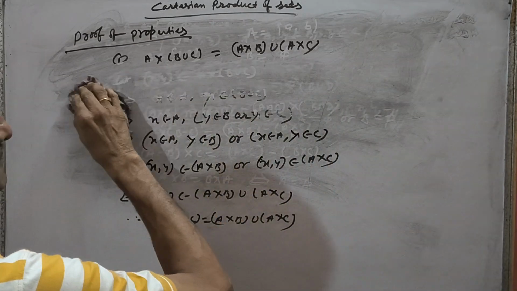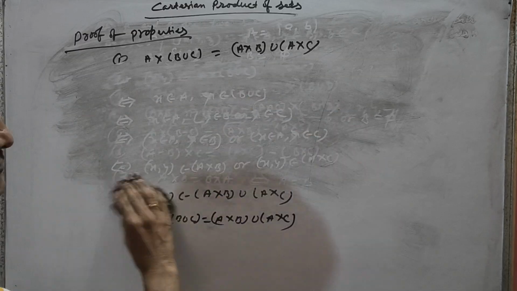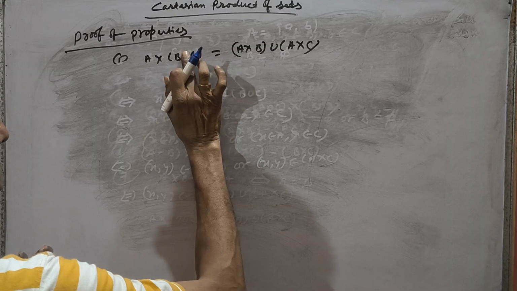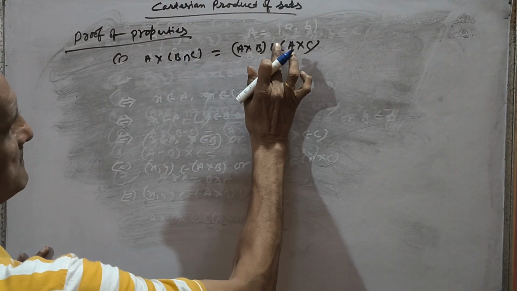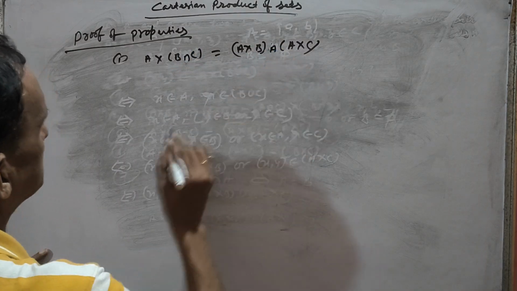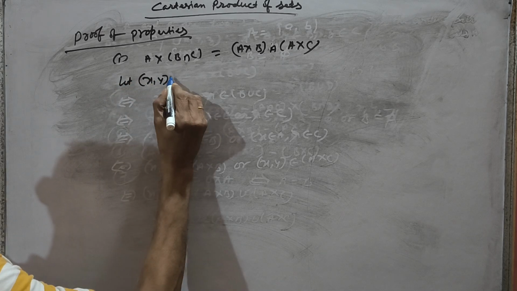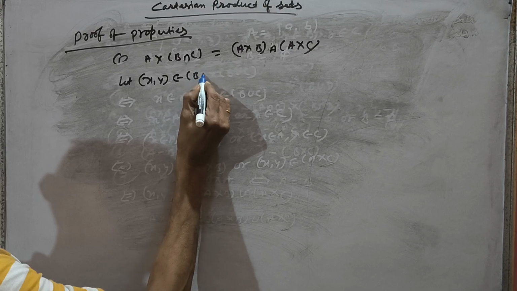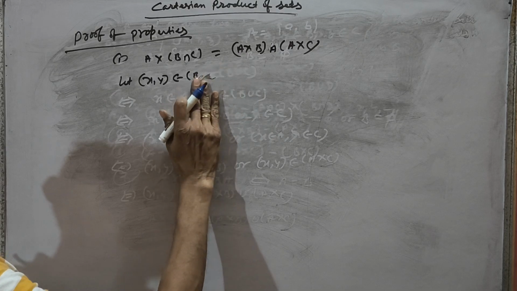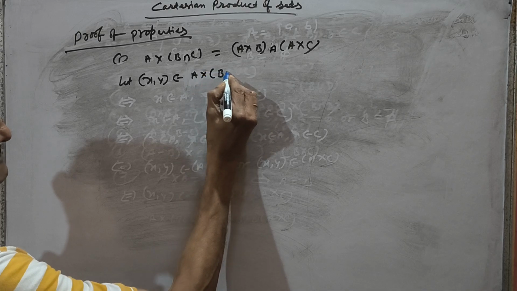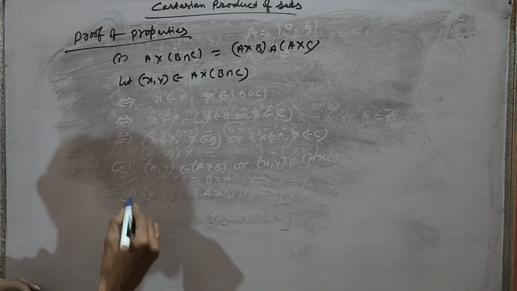Okay. Now number 2, almost similar only, but instead of union, what will we have? Intersection. Here, intersection. To start the same way, let ordered pair (x, y) belong to A cross (B intersection C).